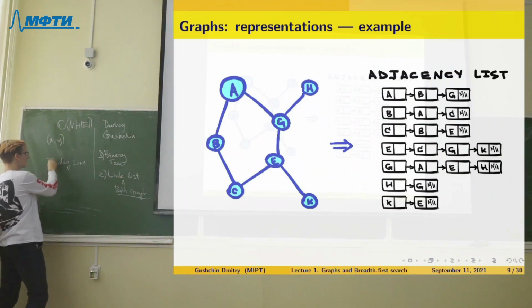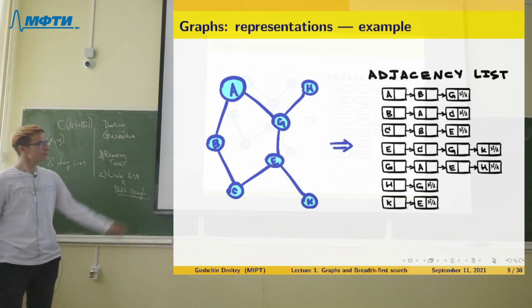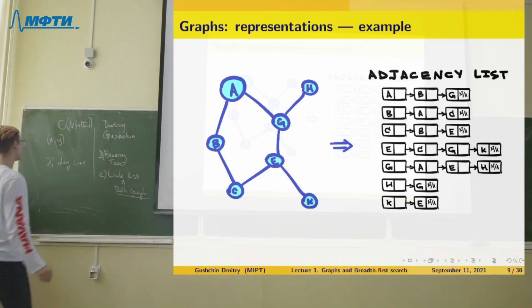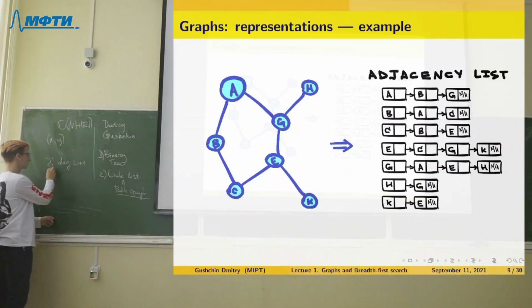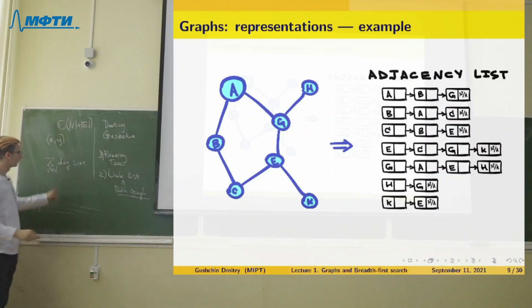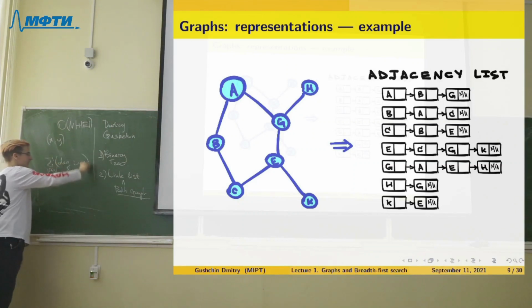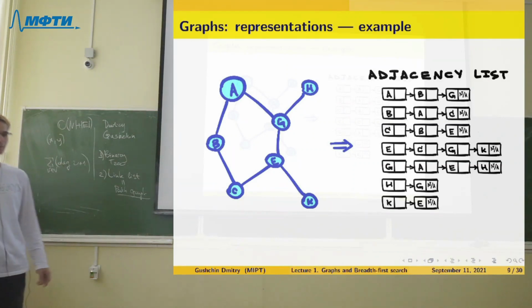And the number of nodes in these lists equals the sum of degrees. And what is this sum?